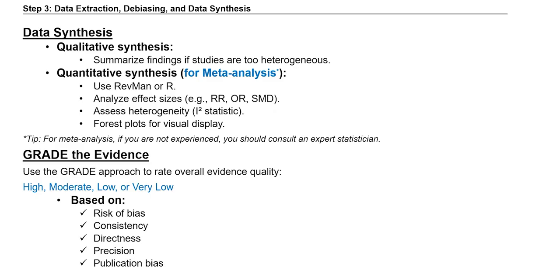It's good to do an analysis on the effect sizes, for example, the odds ratio and relative risk. It's good to assess the heterogeneity using I-square and forest plots for visual displays.